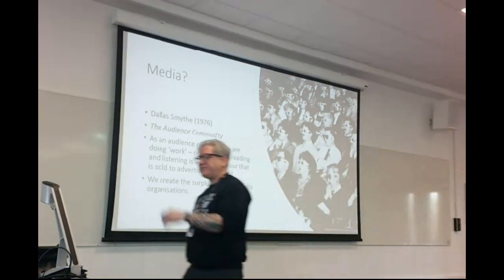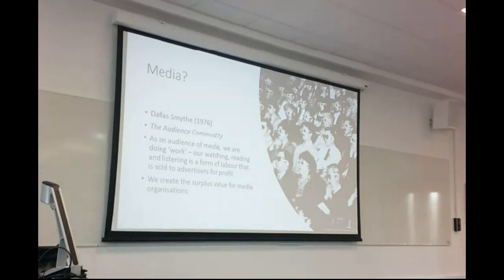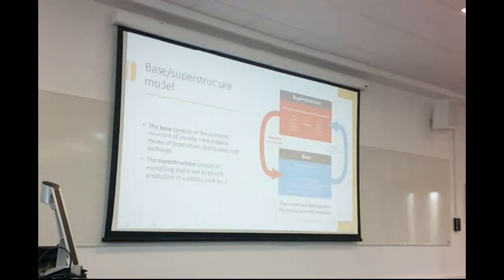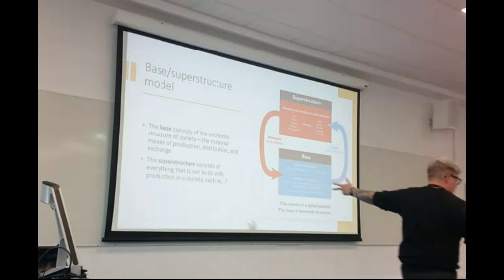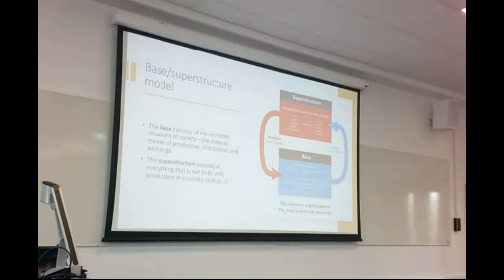So, if we want an answer about how the Marxist approach works here, this is how. Most familiar to those of you who have studied Marxism previously will be this image: the base and superstructure model of society. This is an extrapolation of Marx's ideas in Das Kapital, and it's a very, very simple model. What Marx argues here is that, thanks to the differentiation between the bourgeoisie and the proletariat, we have a model of society which is based in a base and a superstructure.